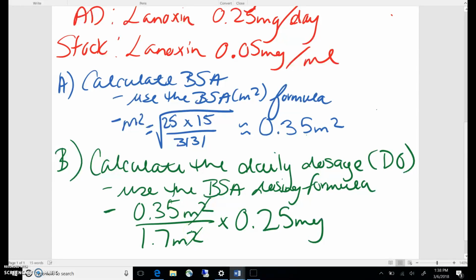So if I take 0.35 divided by 1.7 and multiply it by 0.25, your daily dosage for this patient, they want you to round it to the 100th place, is 0.05 milligrams. Okay?